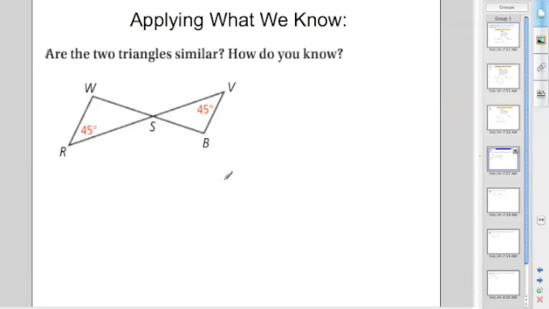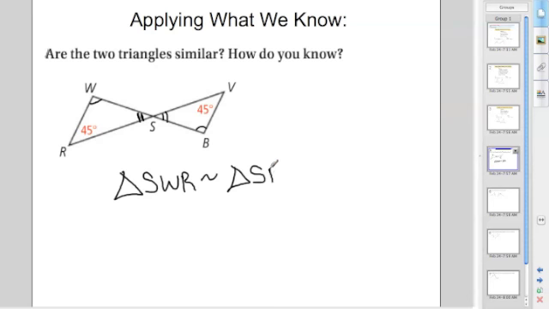So here we have a 45 degrees, and some people might say, well, we can't determine. Well, we can, because the vertical angles are congruent, which makes W and B congruent. So yes, we do have triangle SWR is similar to triangle S, what goes with W?